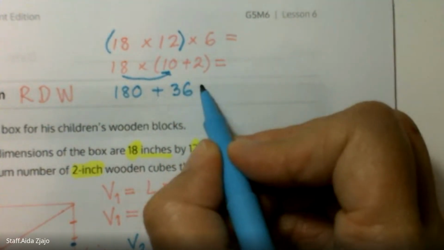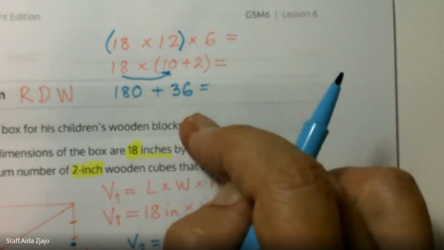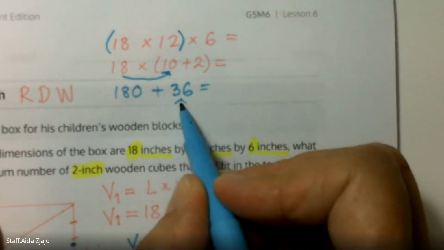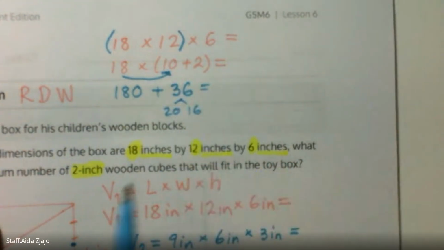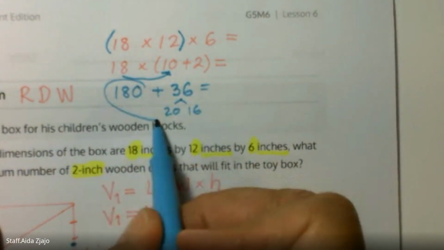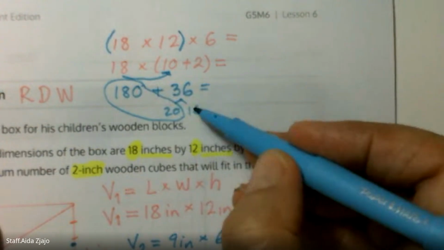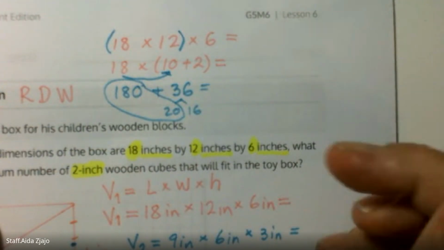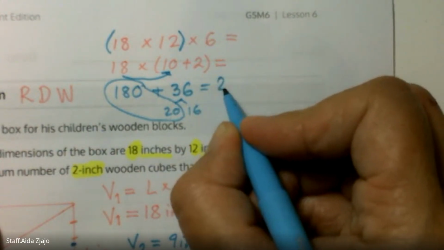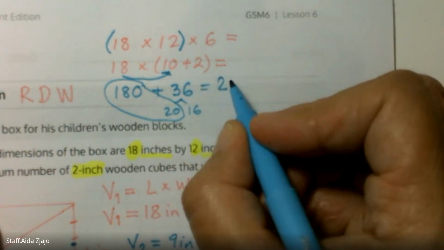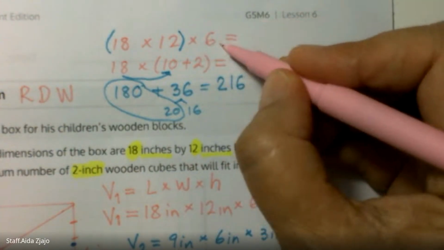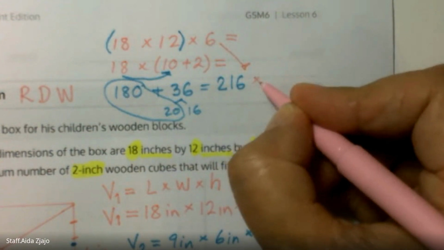So when you calculate this all together, 180 and 36, you can think about this as 20 and 16 if you like. 180 and 20 will make 200, and then you will have 16 more. So the answer is 216.